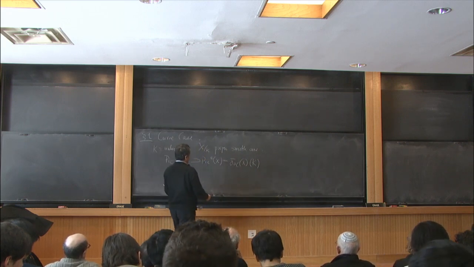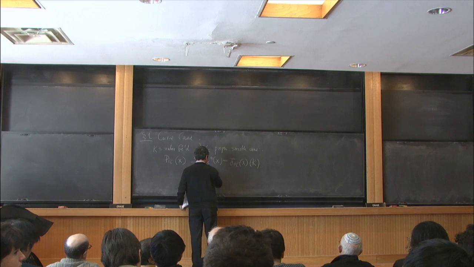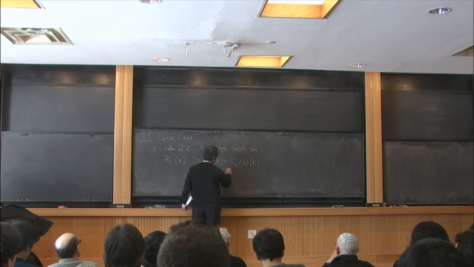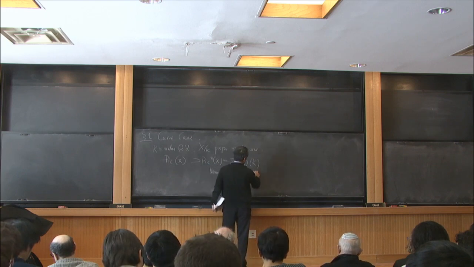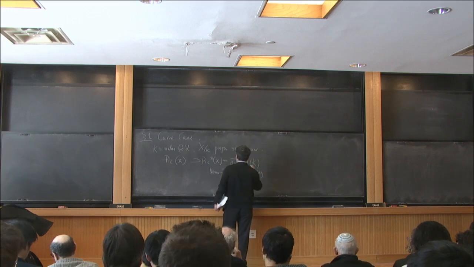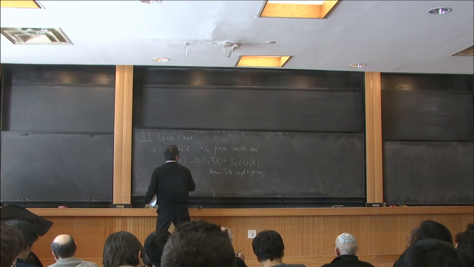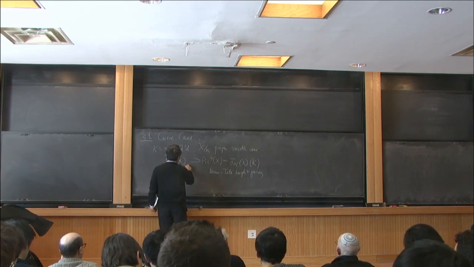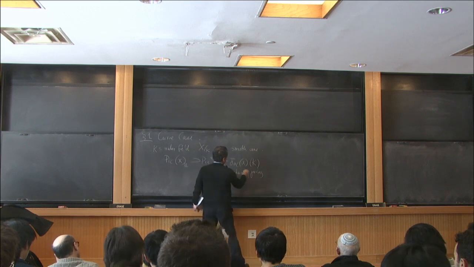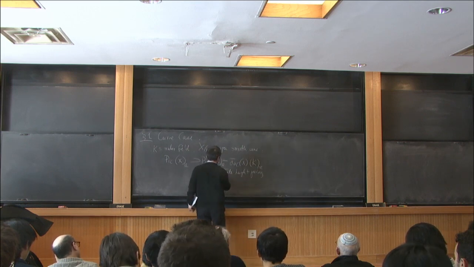Here we have the so-called Néron height pairing, which, if we tensor with Q, is in fact positive definite.